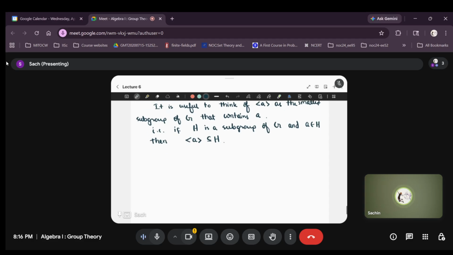You can extend that notion to a set of elements.